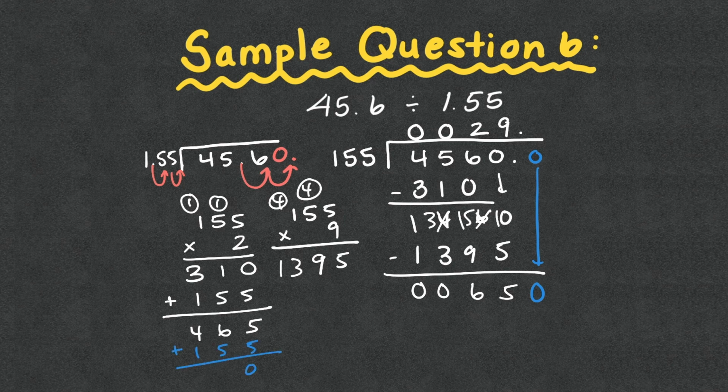That's 0. That's 12. That's 620. So in this case, that is 2, 3, 4 times. So 4 times 155 is 620. Subtract, we get 30. And we could add another 0 and keep going. For the sake of this question, I am going to stop. Again, please pay very specific attention to what the questions ask you.